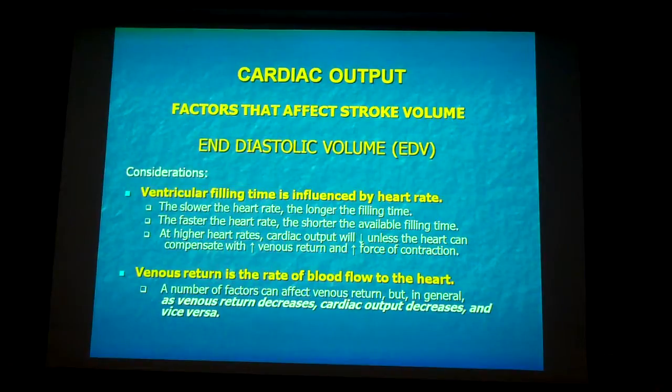Things that would increase venous return would be exercise. When you exercise, you increase blood pressure and blood flow, and that blood is flowing back to the heart faster.